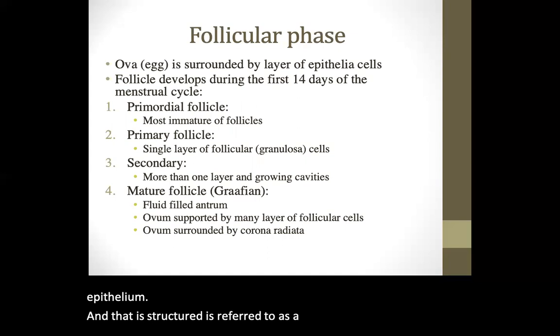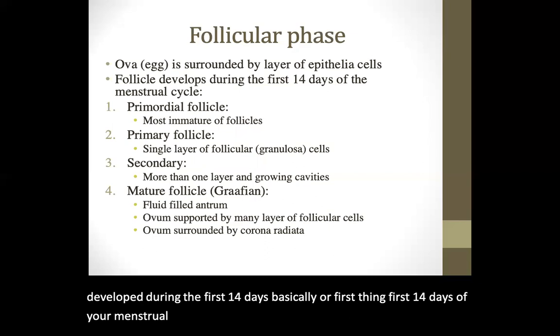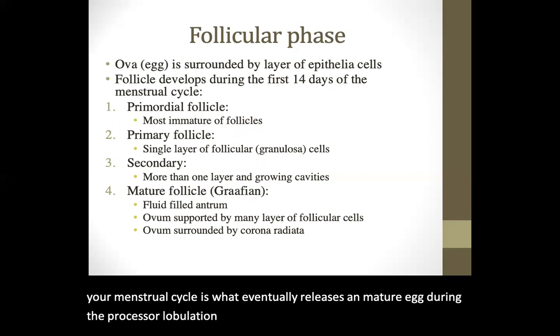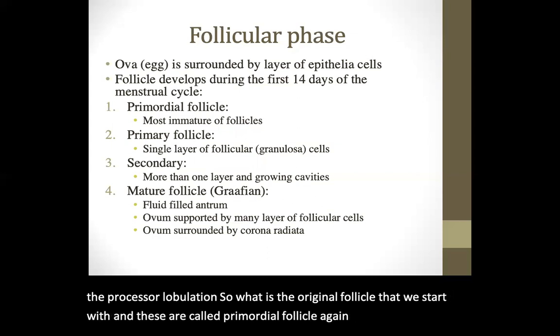Now, the follicle that is developed during the first 14 days of your menstrual cycle is what eventually releases a mature egg during the process of ovulation. So, what is the original follicle that we start with? These are called primordial follicles. Again, these are immature follicles.